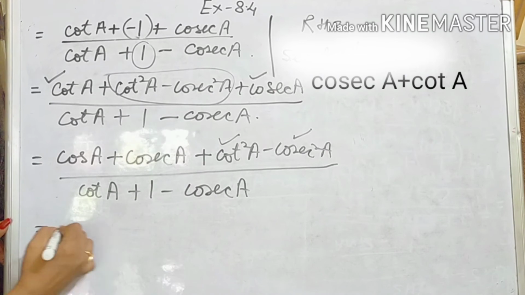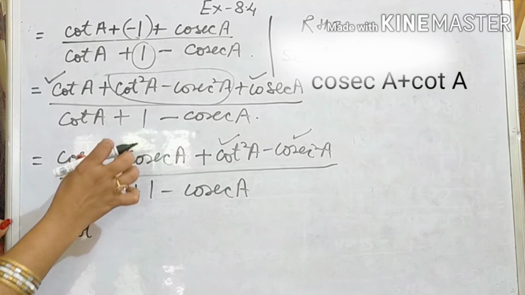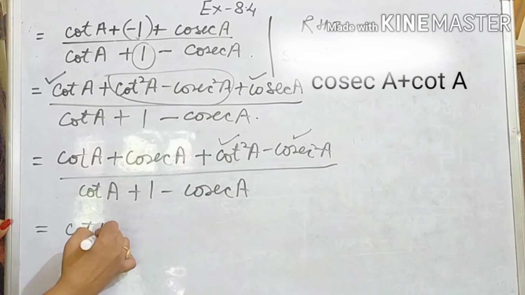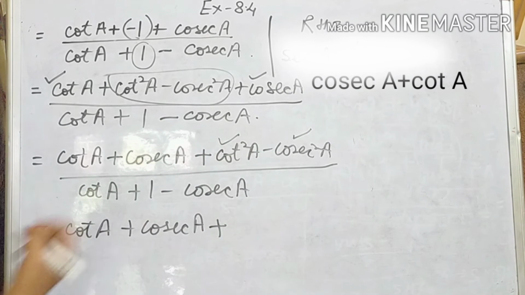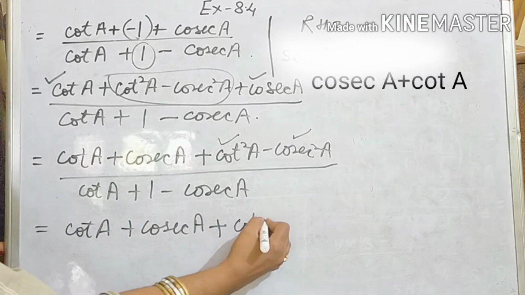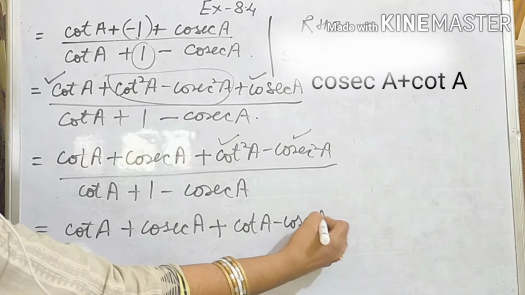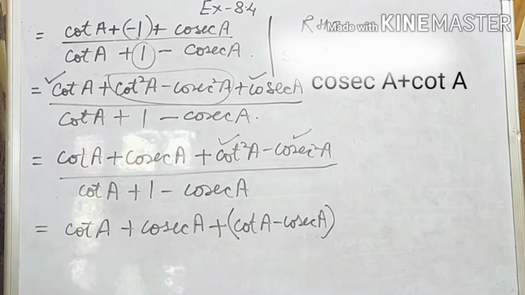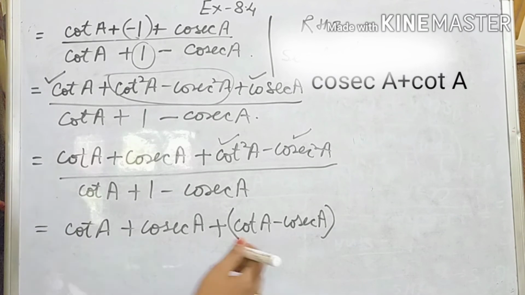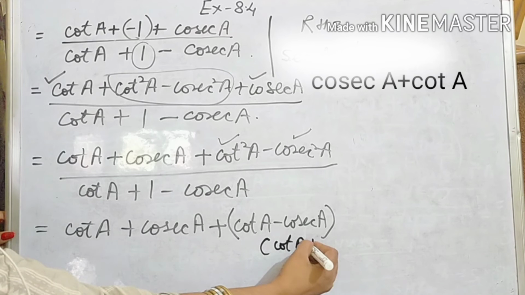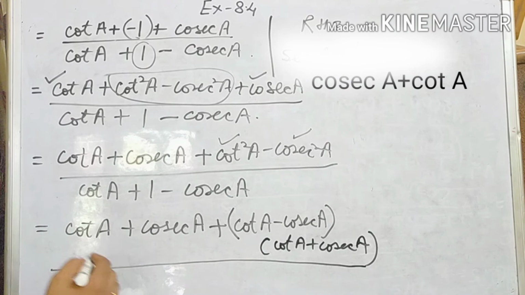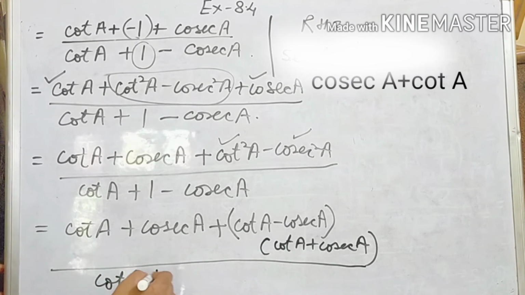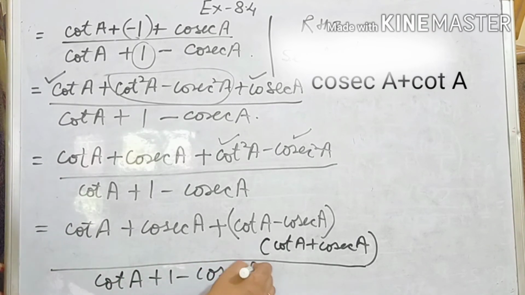So this term will be cot a plus cosec a, plus a square minus b square, which is a minus b multiplied by a plus b, that is cot a plus cosec a, and the whole divided by the same thing, cot a plus 1 minus cosec a.